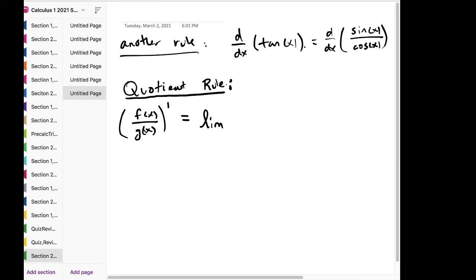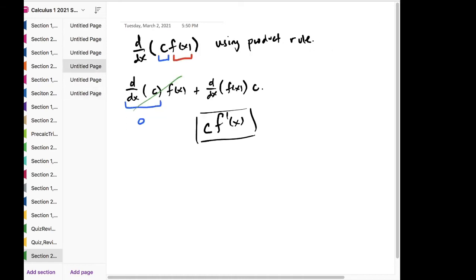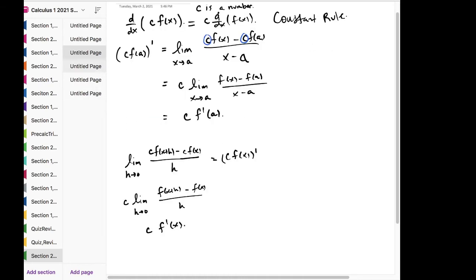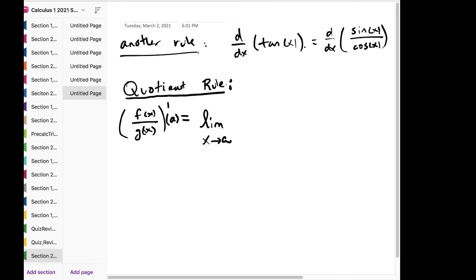So let's do it at A. So x approaches A. Actually, I think I made a mistake. Yeah, this actually should be using this notation. Okay, so what is the limit of? Yeah, that's eventually going to be the formula, but we need to show why that's true, right? We can't just magically say it, but good, that's good memory.